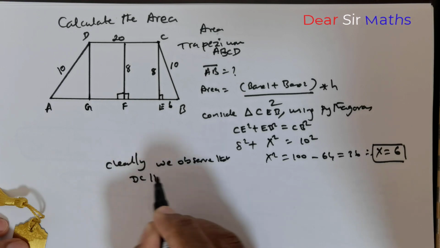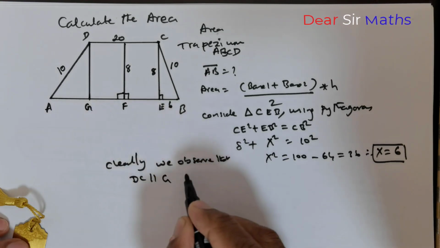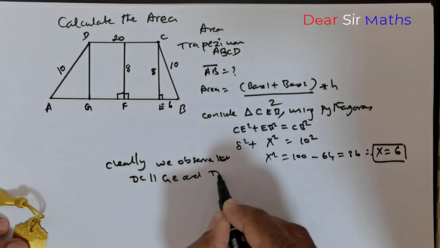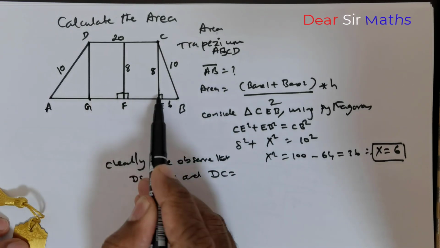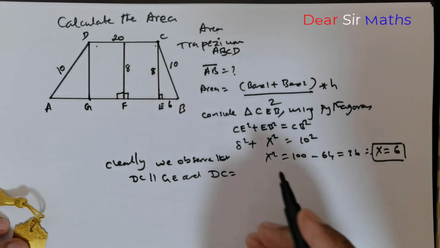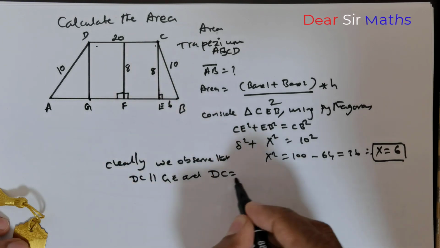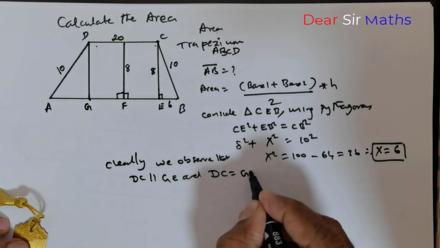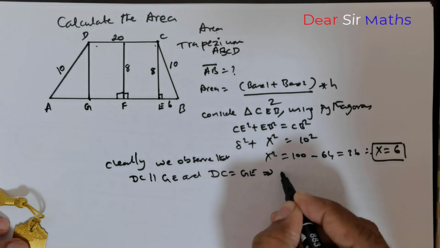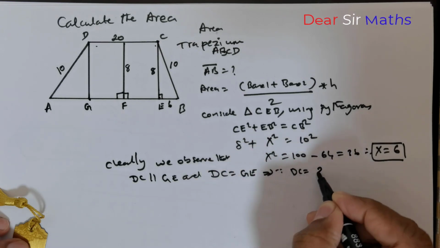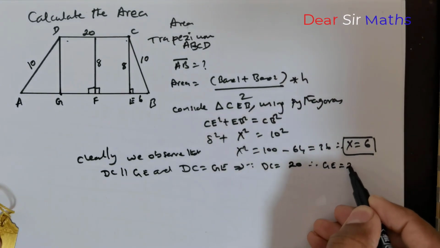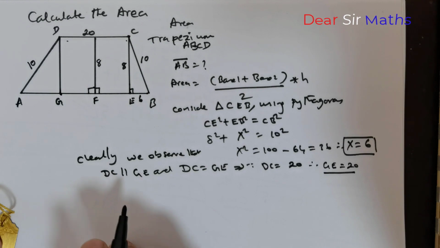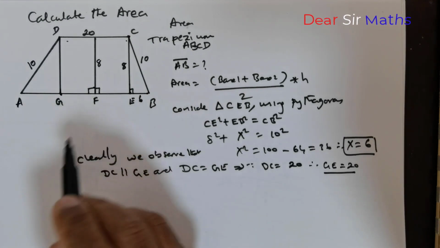DC is parallel to GE, and you see this distance and this distance are one and the same, and so we can easily conclude DC is equal to GE. So this would mean, since DC is equal to 20 units, therefore GE is also equal to 20 units. So we have got that, right?